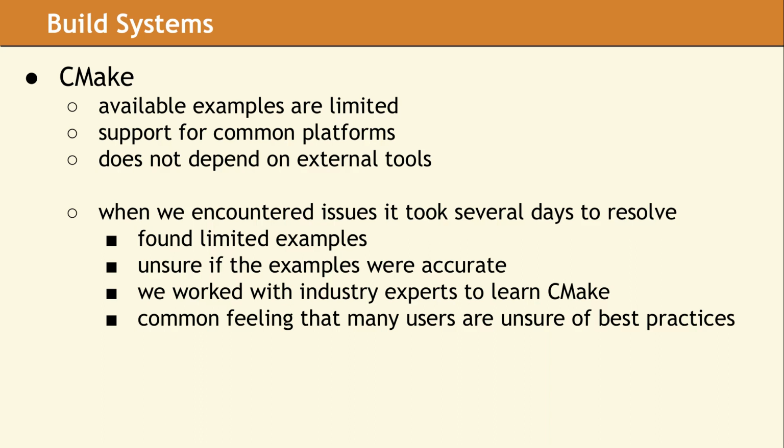One of the downsides of CMake is the fact that since it is a relatively new product, the available set of examples you can find is limited. This can be frustrating as a new CMake user because it's difficult to know who to trust and whose examples to emulate.